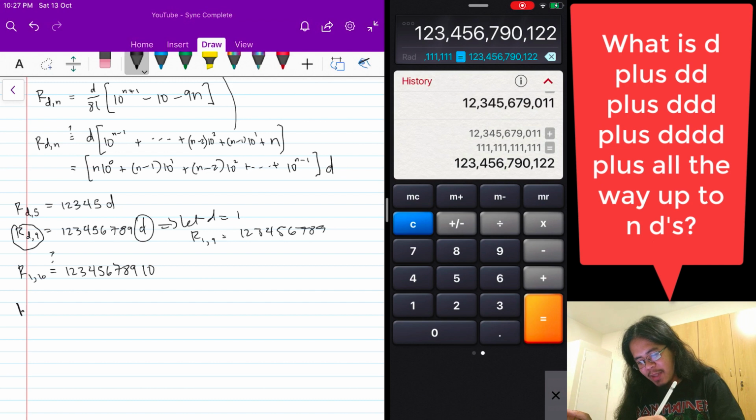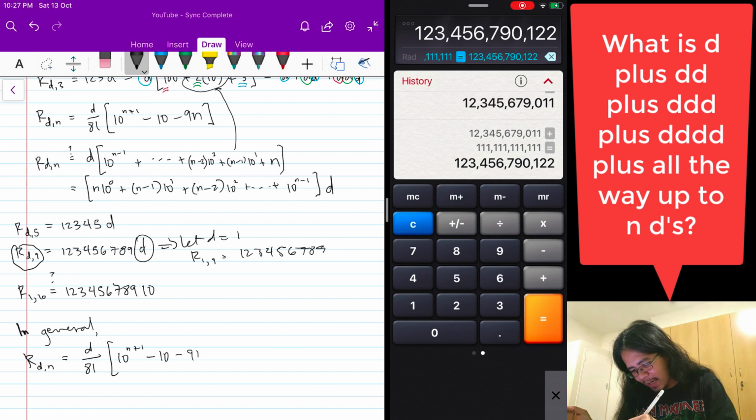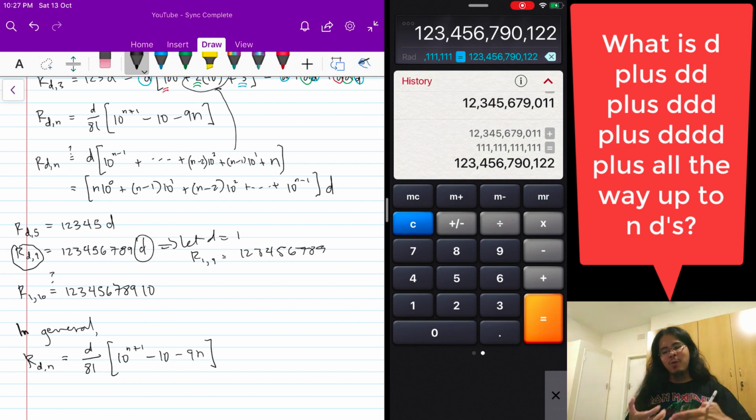So in general, we learned that the repeated sum of any digit D repeated n times is always D over 81 times (10 to the n plus 1 minus 10 minus 9n). And then we entered the rabbit hole: since D is outside the parenthesis, the term in the parenthesis depends only on n.